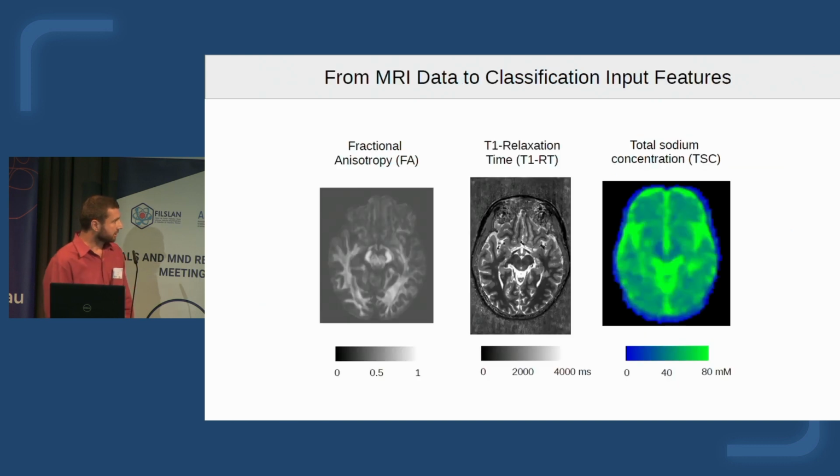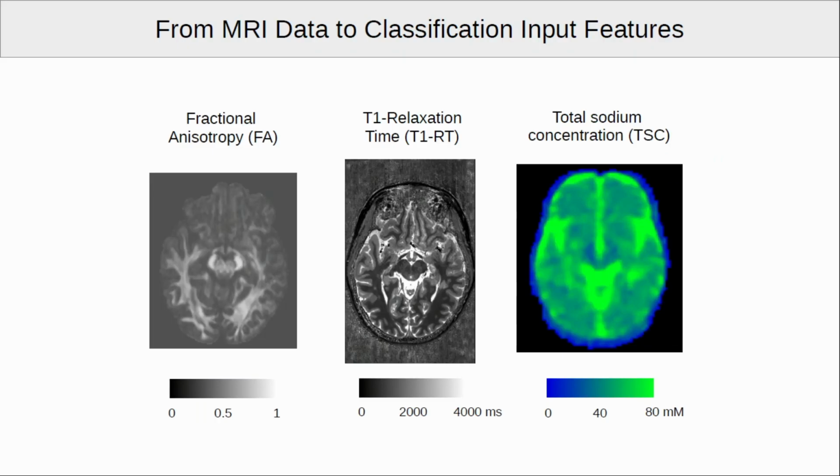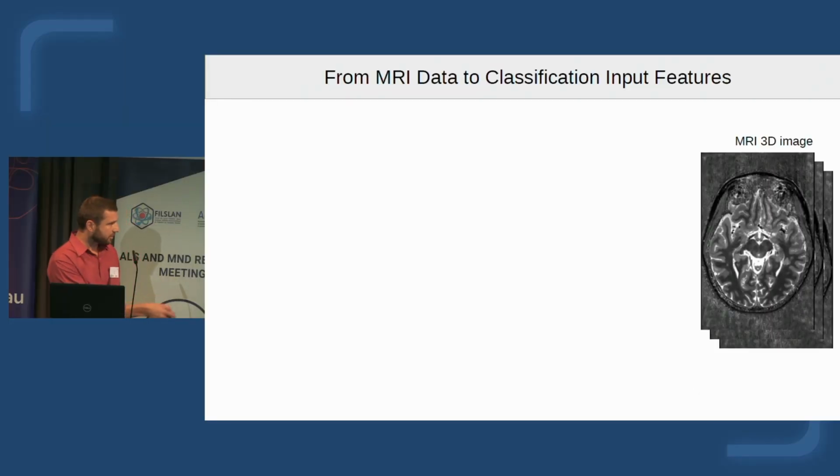These are some examples of images that we get from the scanner for fractional anisotropy, quantitative T1, and the total sodium concentration. For each of them, we have 3D volumes.